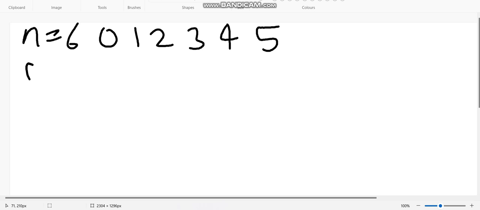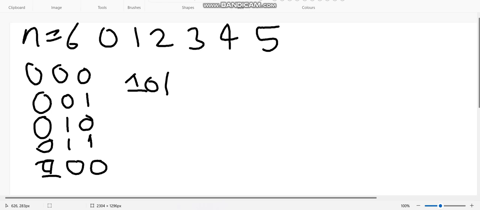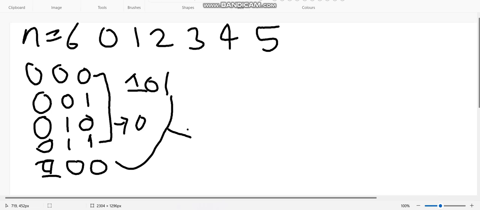If I write the binary of 0, it will be 0 0 0, then 0 0 1, then 0 1 0, 0 1 1, and obviously 3, 4, 5 follow. If I talk about these four integers, the third bit is 0, and if I talk about these two integers, the third bit is 1.